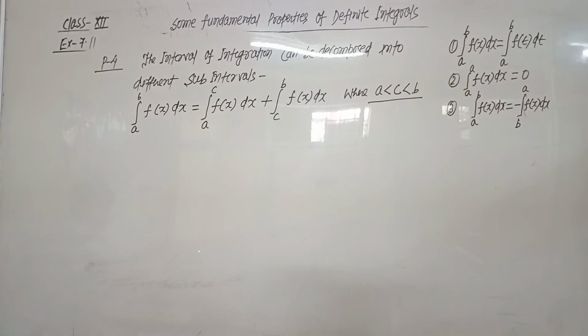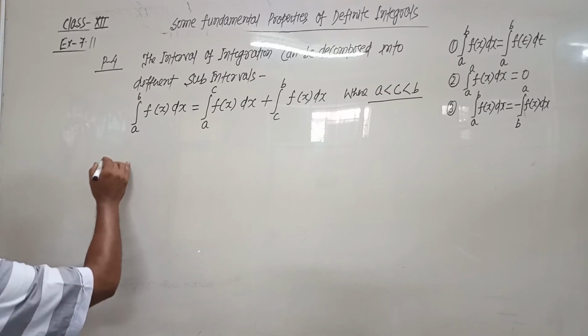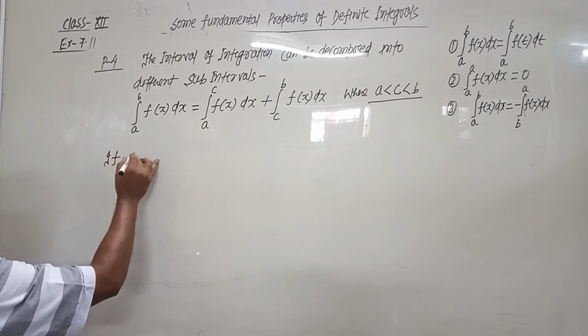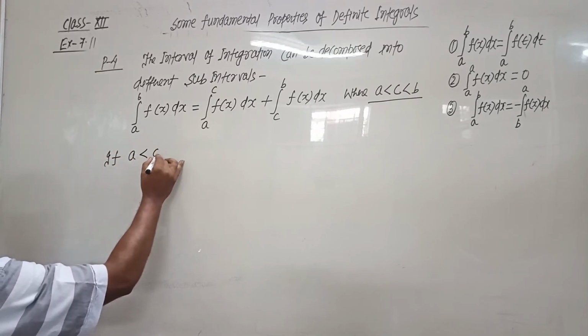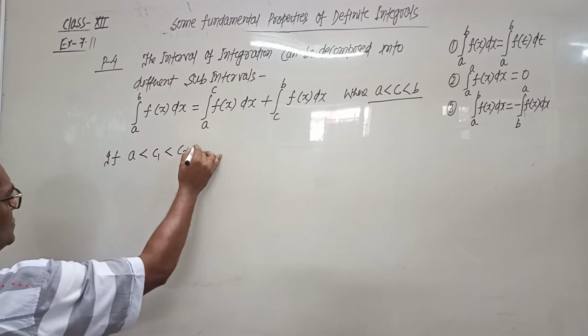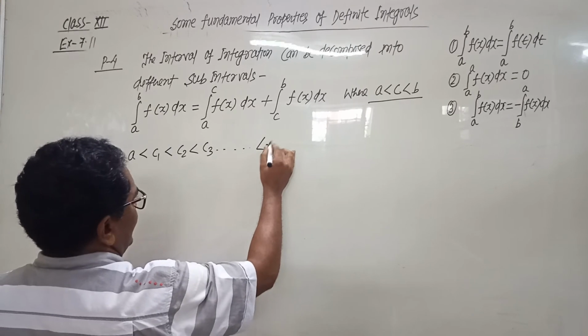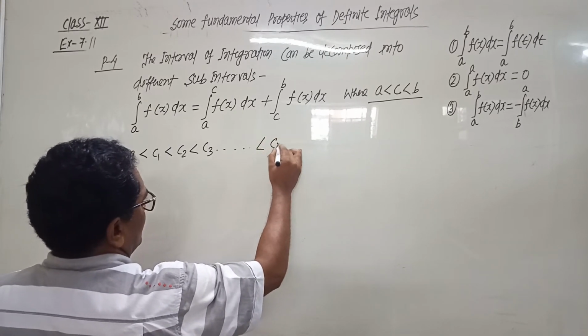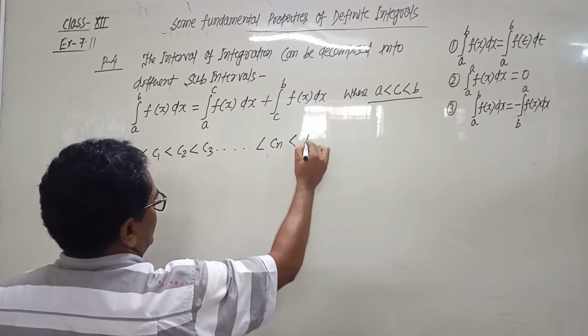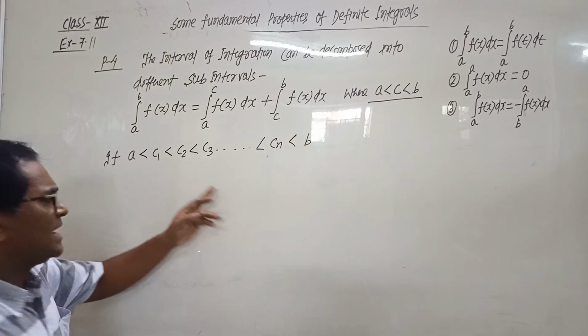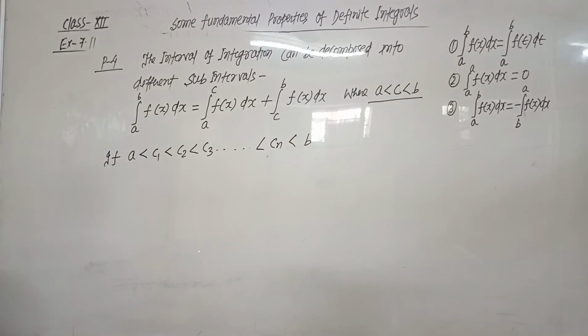And if there are so many intervals like a is less than c1 is less than c2 is less than c3, and so on up to cn is less than b.